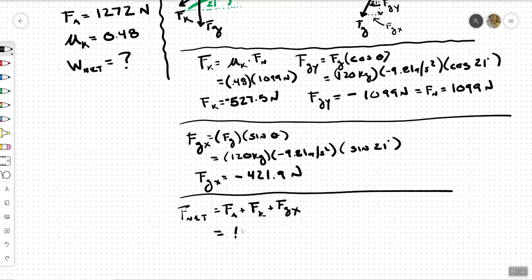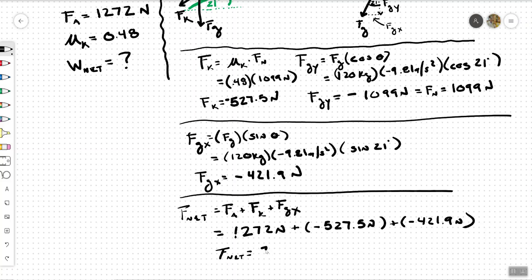So 1,272 newtons plus negative 527.5 newtons plus negative 421.9 newtons. So F net is equal to, I get around 322 newtons.